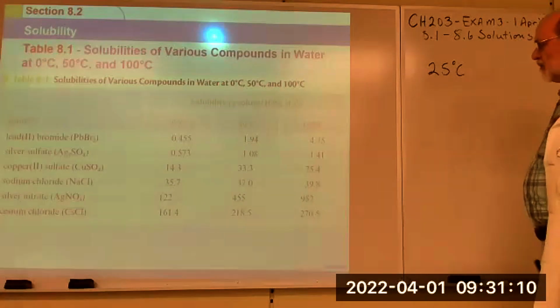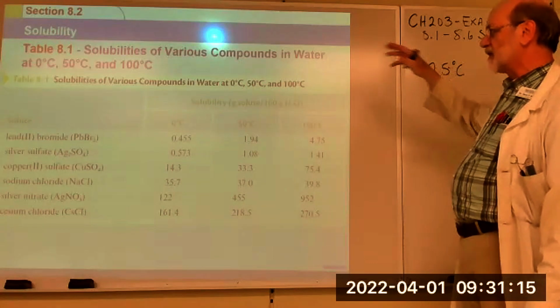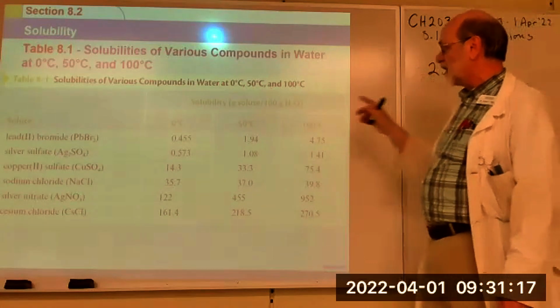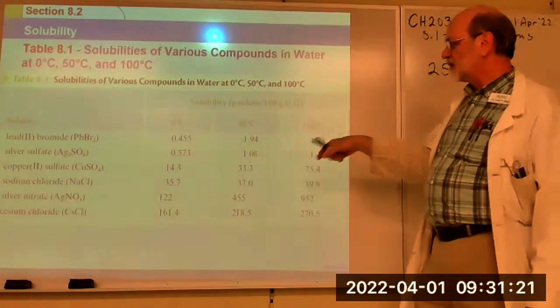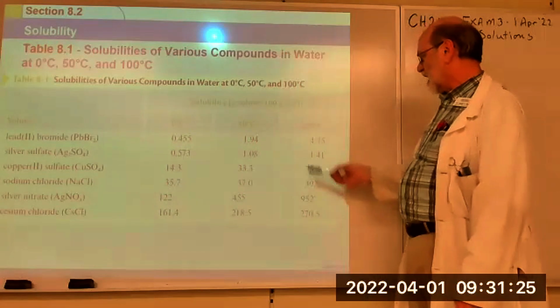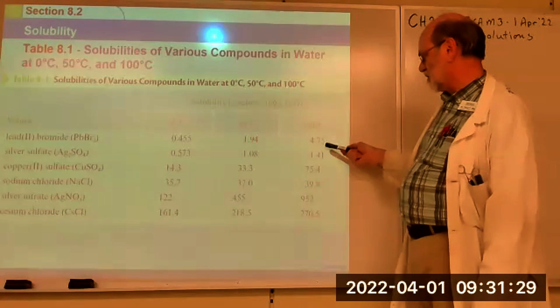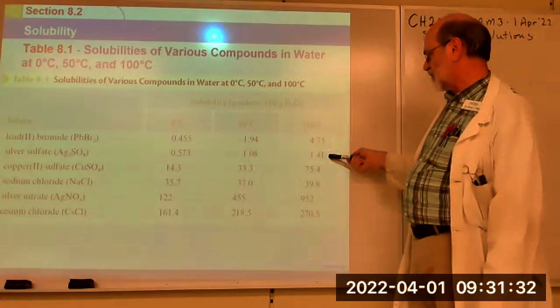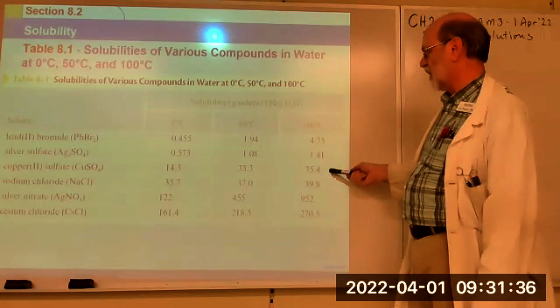Okay. So here are illustrations, and this table comes straight out of your book, at 3 different temperatures, 0, 50, and 100 degrees C, for these compounds in aqueous solution. And it looks like lead(II) bromide is more soluble with temperature. Silver sulfate is more soluble. Copper sulfate is more soluble.